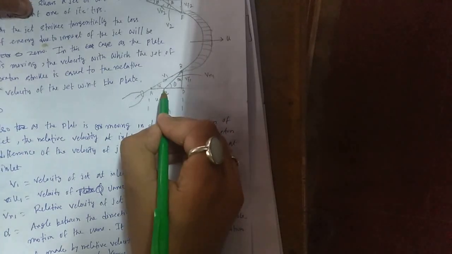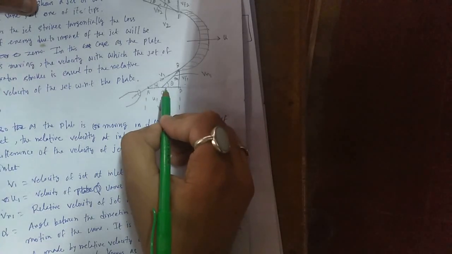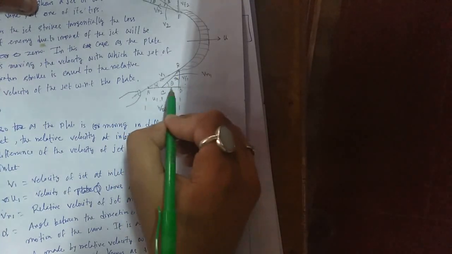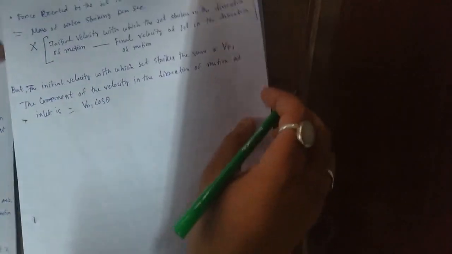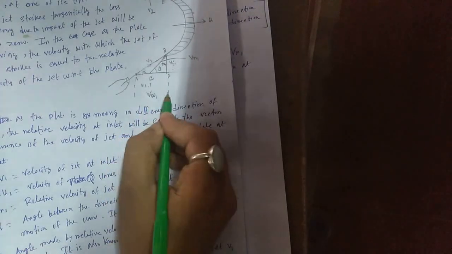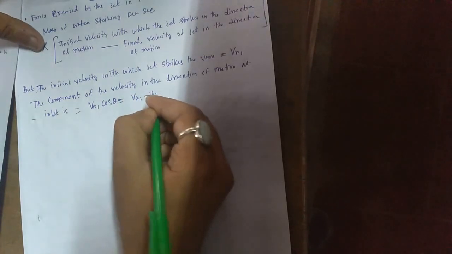In the x direction, the velocity component of VR1 is VR1 cos theta, that is VW1 minus U1.